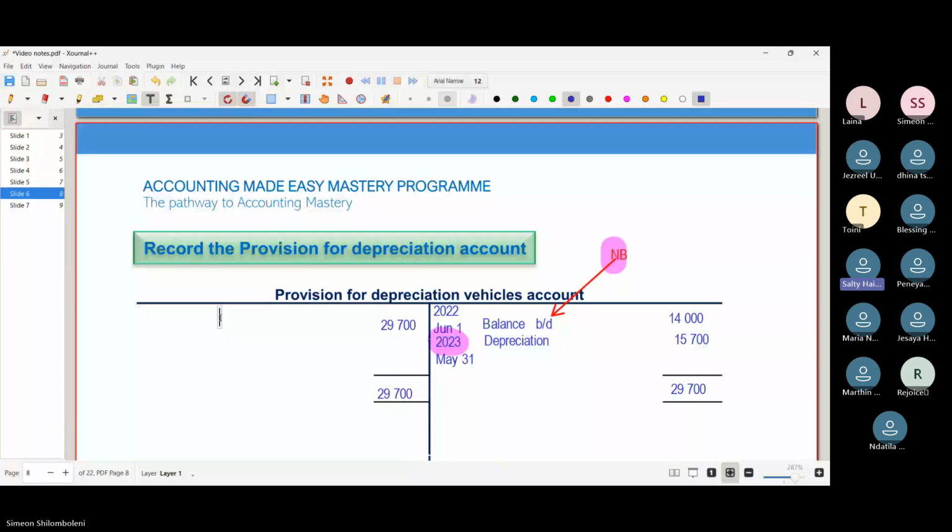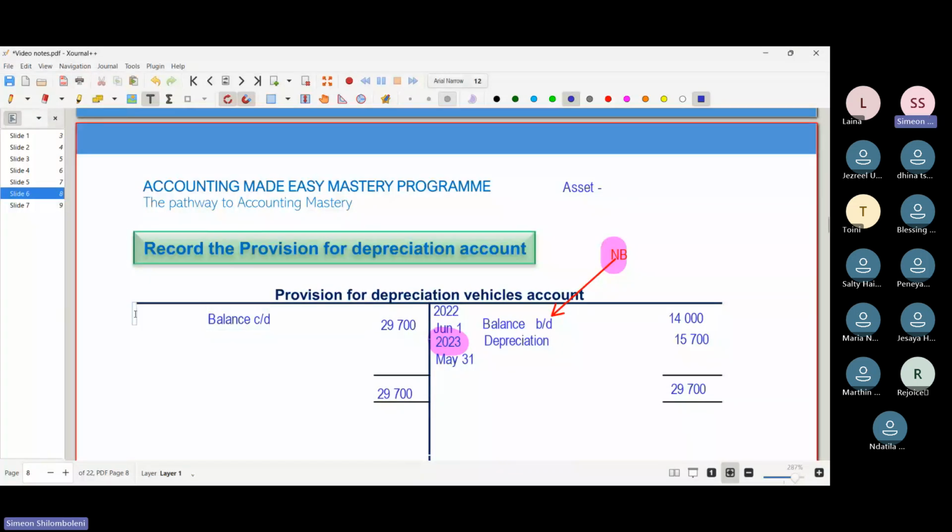Balance carried down. Balance carried down because this account is an asset, a negative asset. And all assets, we close them off with balance carried down. And closing it off with balance carried down means it's going to the balance sheet.